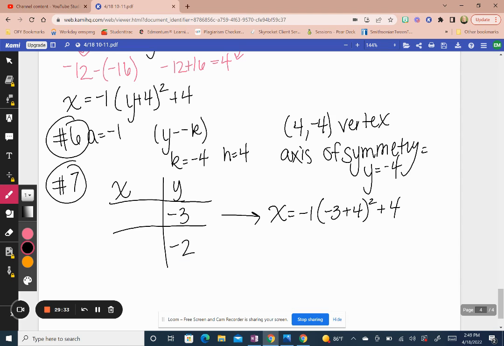And then I'm going to go ahead and put this in my calculator. Like I said before, it doesn't matter if you use the blue calculator or the graphing calculator, it's going to give you the value for your x. So it's going to be negative 1 parentheses, negative 3 plus 4 and parentheses squared plus 4, and that gives me a 3. Equals 3. So 3.